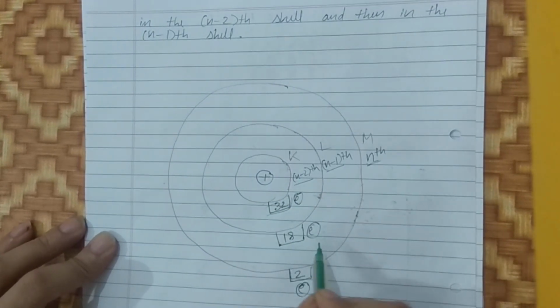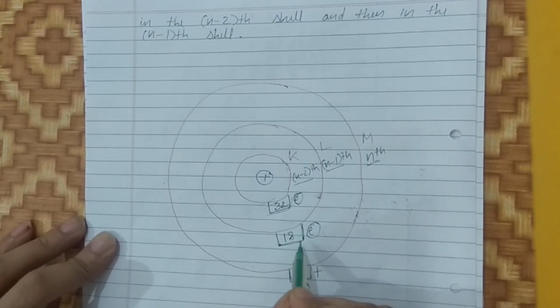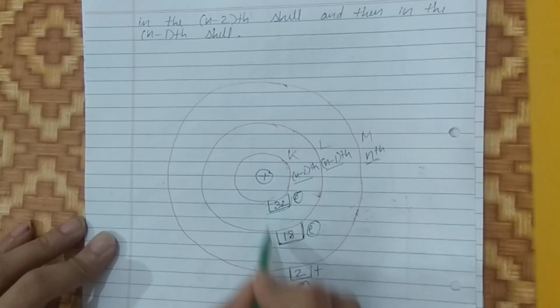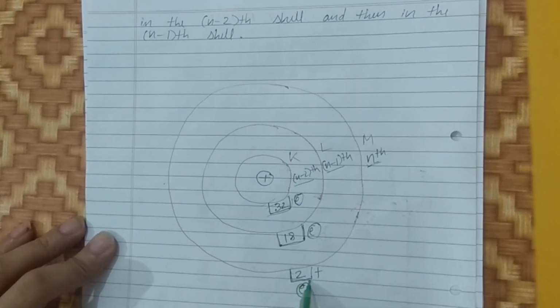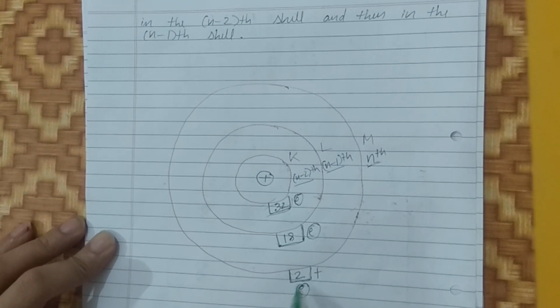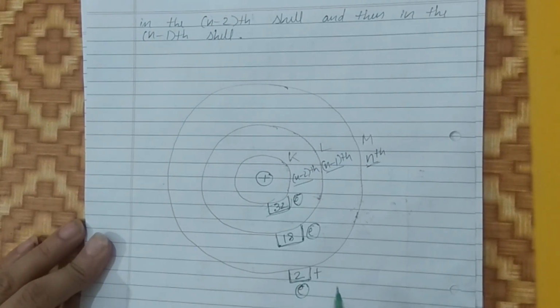And the n minus 1th shell is either fully filled or has 18 electrons. So if both these conditions are true, then only can there be more than 2 electrons in the last nth shell. This is rule 4, and it will be clearer when I tell you the electronic configurations. Don't worry once again.